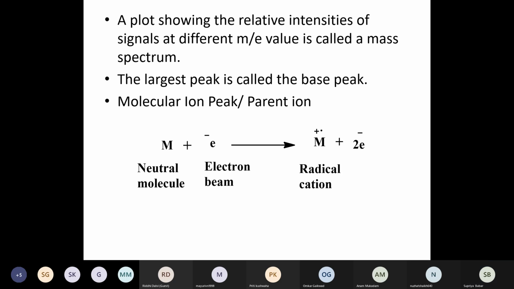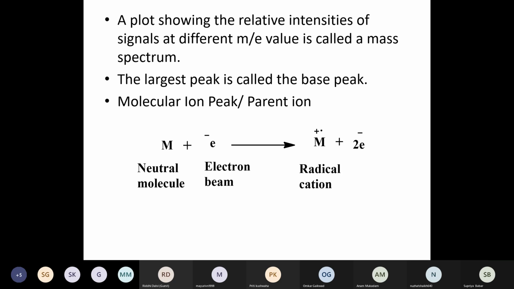During the formation of the molecular ion, the electron of lowest ionization potential is removed. Now, what is meant by that? In the molecule, you know there is a nucleus, with protons and neutrons, and the electrons are revolving around the nucleus.